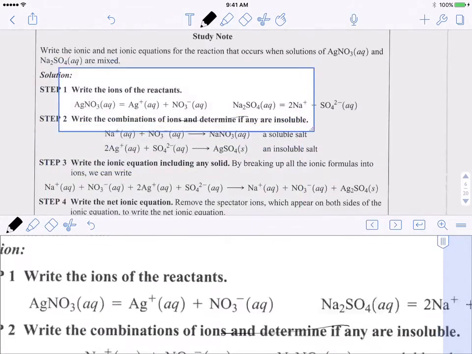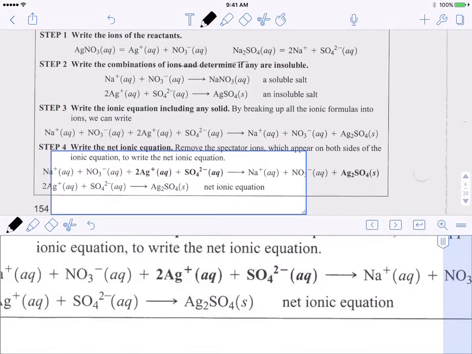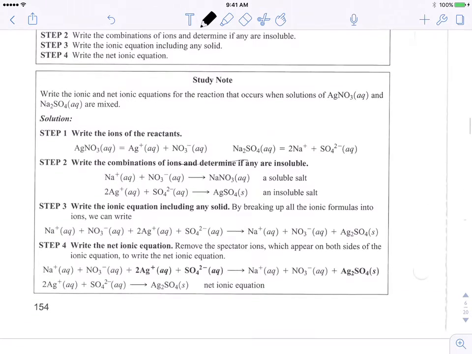Guide to writing net ionic equations. Excellent. So, net ionic equations, and we touched on this before. Now, the net ionic equation is, I'm going to skip down here, whatever forms the solid. The ionic equation includes all of the ions that are produced.